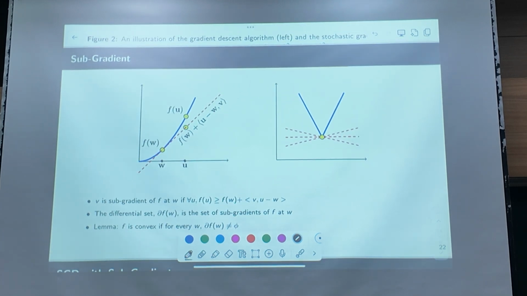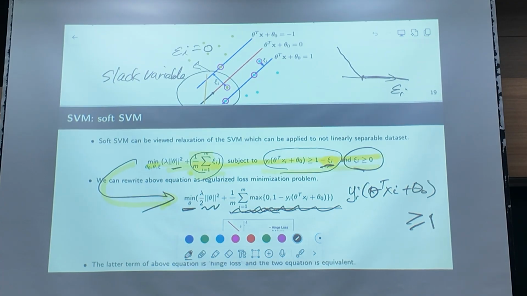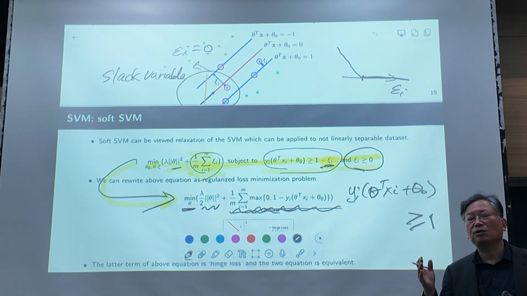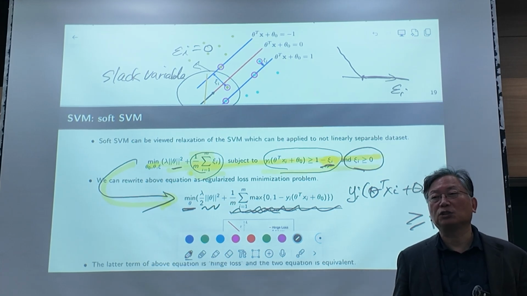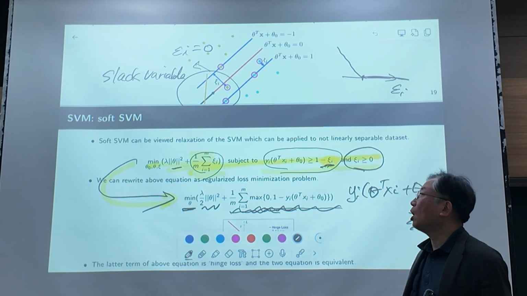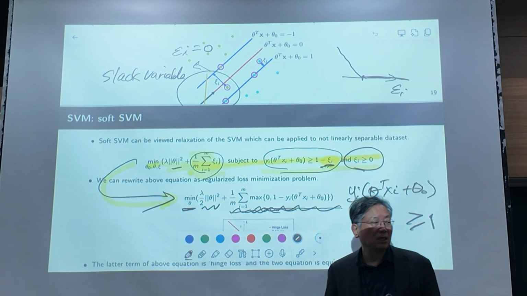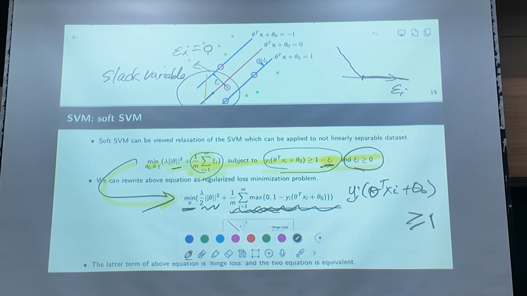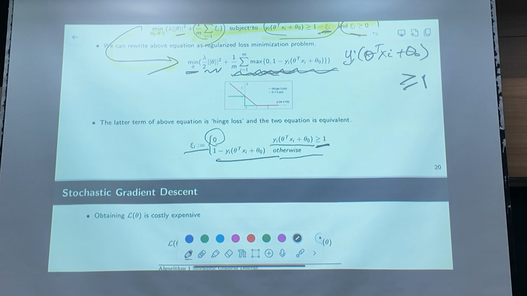And also, I should also say, gradient descent requires that you take the derivative of the loss function. Now the loss function, in this case, is a hinge loss, and the hinge loss is not a continuous function. Okay?